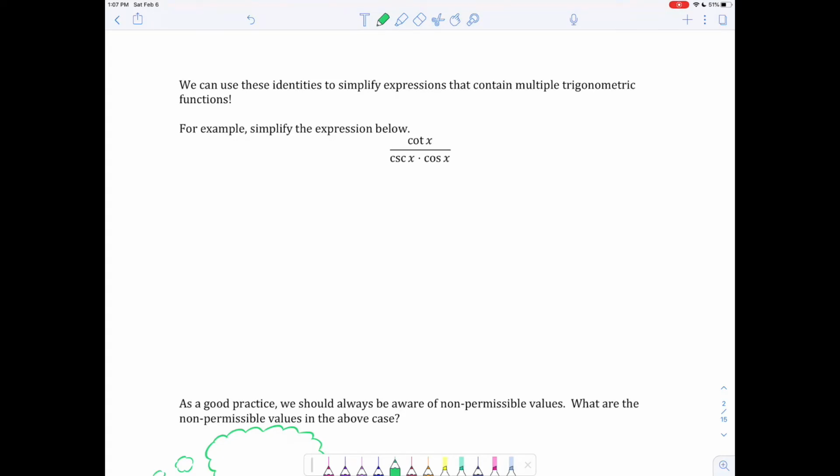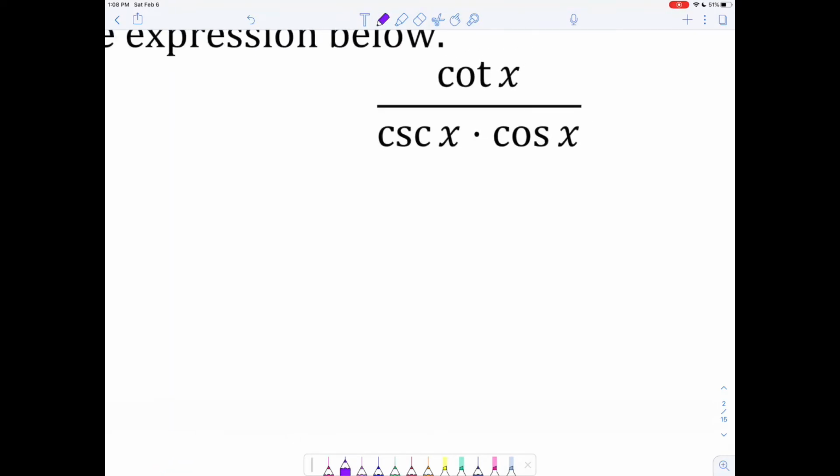I have a tendency to want to express things in terms of the primary functions. But if you don't, that's up to you. You just need some way to re-express cotangent and some way to re-express cosecant or cosine. We have options at our disposal.